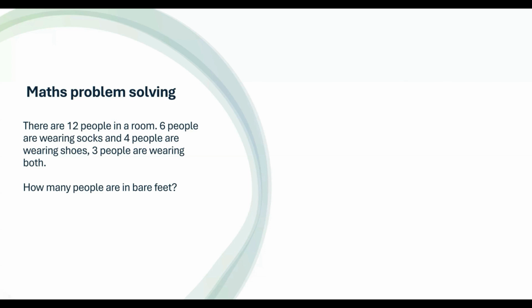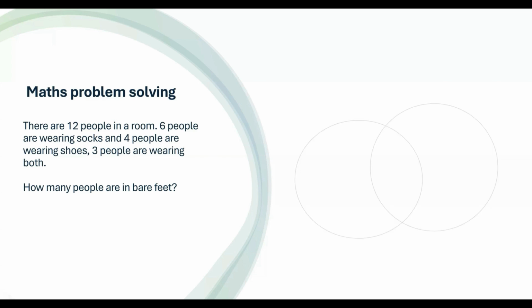We have 12 people in a room. 6 people are wearing socks. 4 people are wearing shoes. 3 people are wearing boots. How many people are in bare feet? Now, to solve this, all we need to do is to group the information and build a Venn diagram.